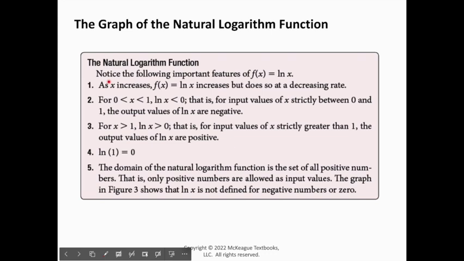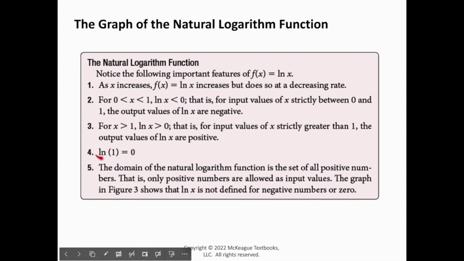And property 2 says if your value of x that you plug in for the natural logarithm is between 0 and 1, then the natural log is going to be negative. If you have x greater than 1, then the value of the function is going to be positive.